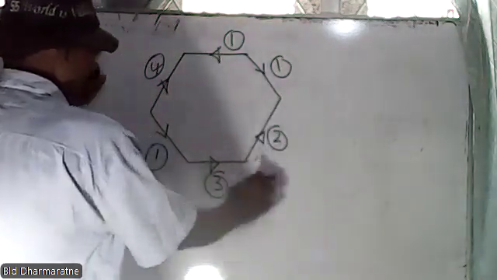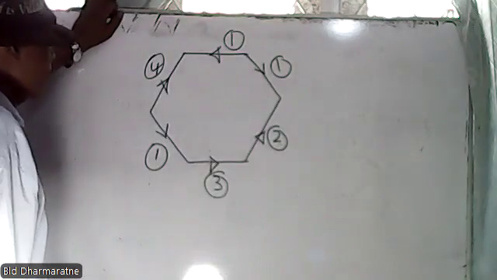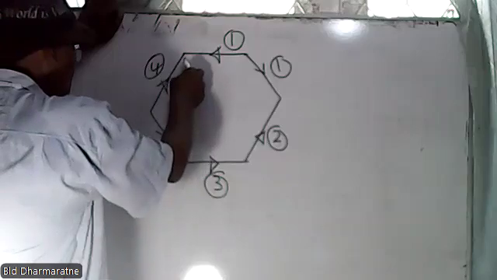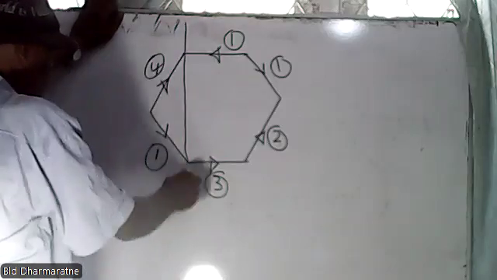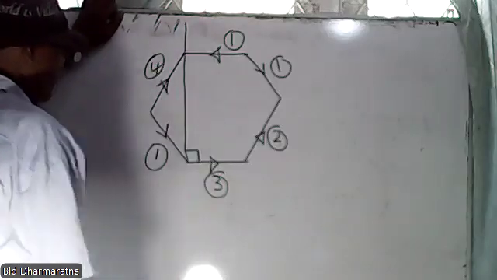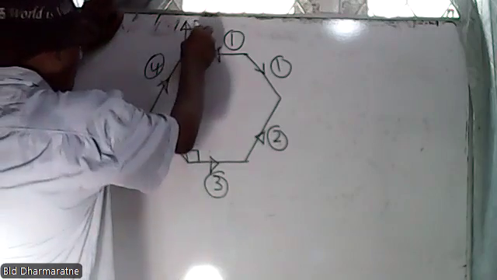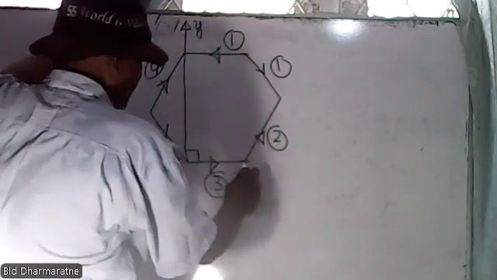This is the horizontal line. Draw the axis. This is the axis, each other connecting, perpendicular. This is the y-axis, this is the x-axis.